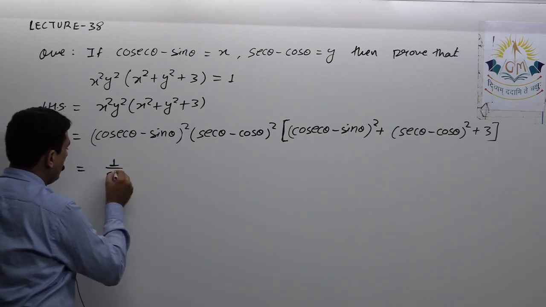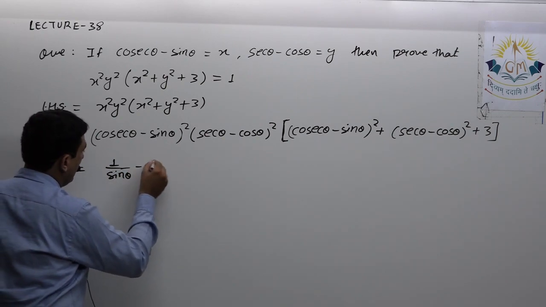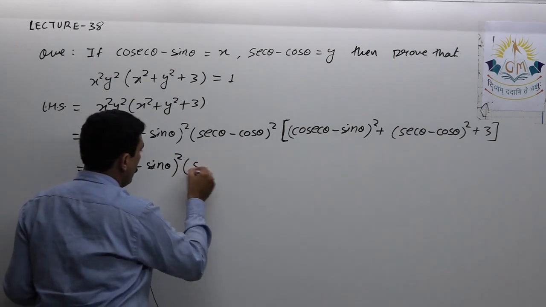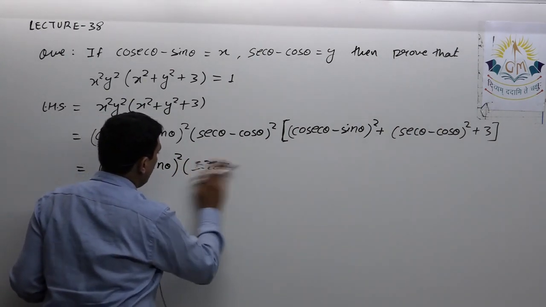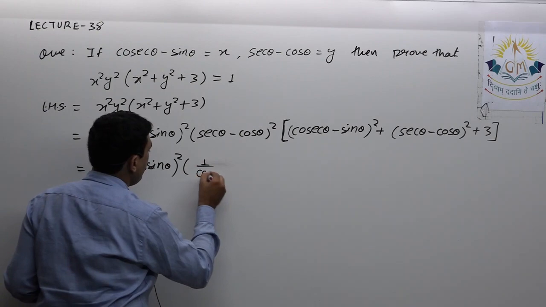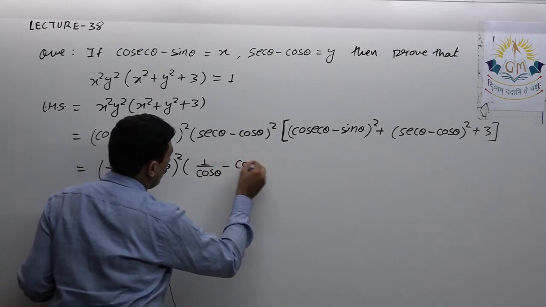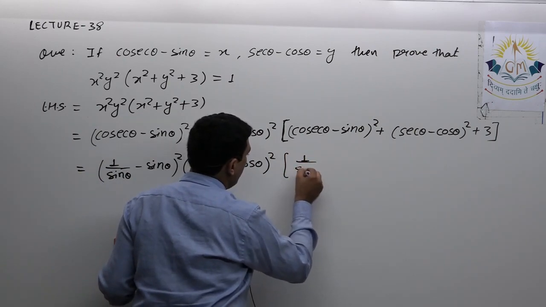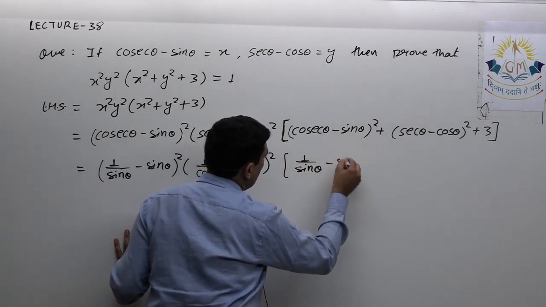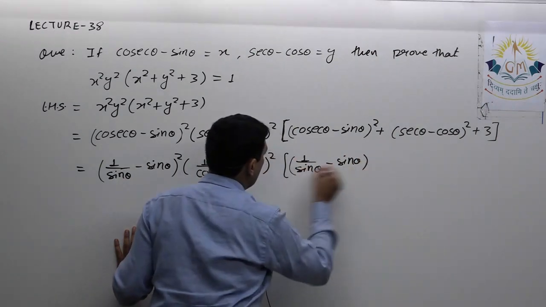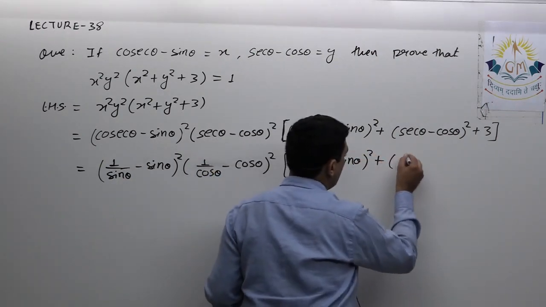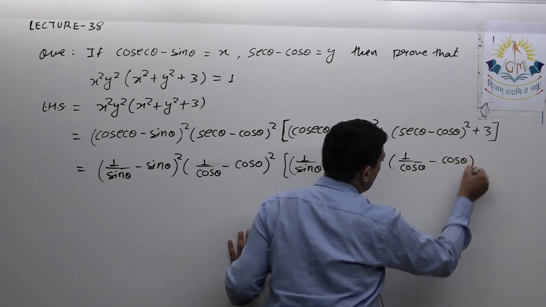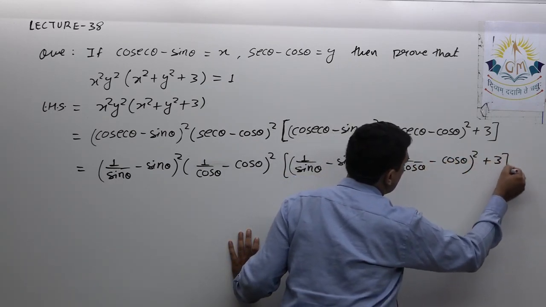So 1 upon sine theta minus sine theta whole square, then sec theta, 1 upon cos theta minus cos theta whole square, over here again 1 upon sine theta minus sine theta whole square plus 1 upon cos theta minus cos theta whole square plus 3.